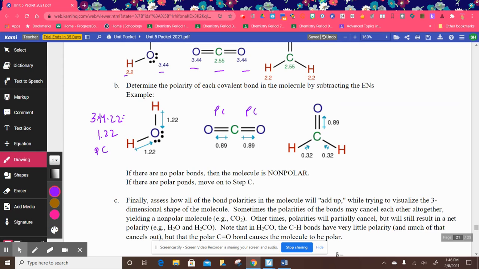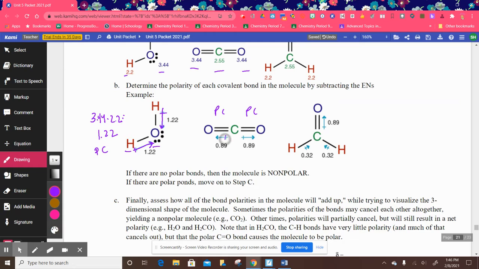But in any case, you're going to look to see which direction the electrons are being pulled. So the difference between hydrogen and oxygen, oxygen has a higher electronegativity, so the electrons would be pulled toward the oxygen, okay?